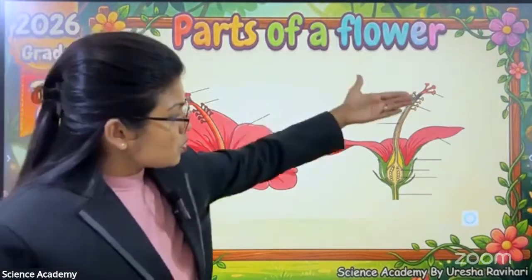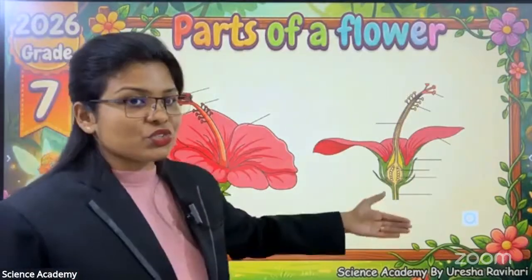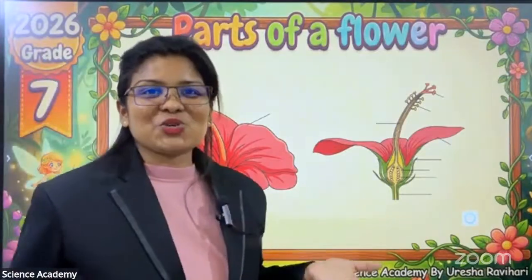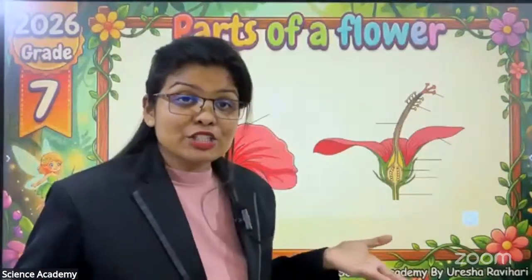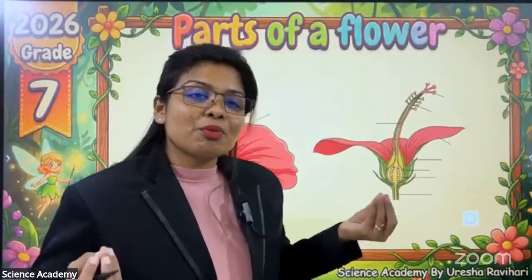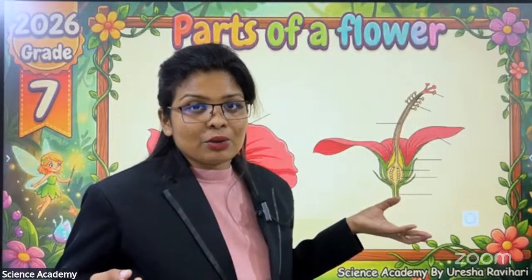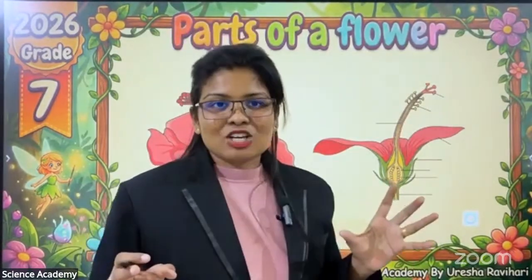And then we observed a cross section of the parts of a flower, and we chose the shoe flower to identify these parts. I told you the reason: all the parts are available in this shoe flower, both male and female parts. For our ease of study, we chose this shoe flower.